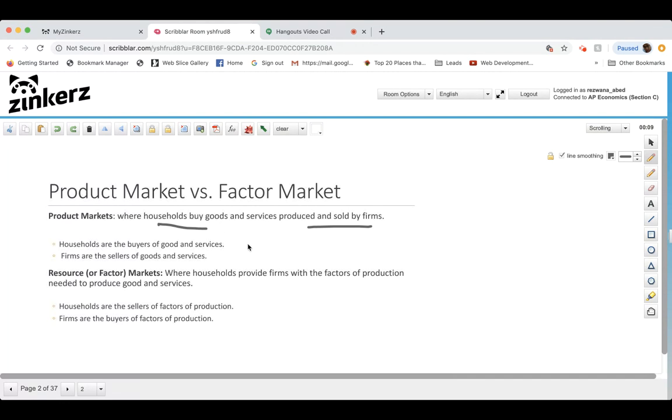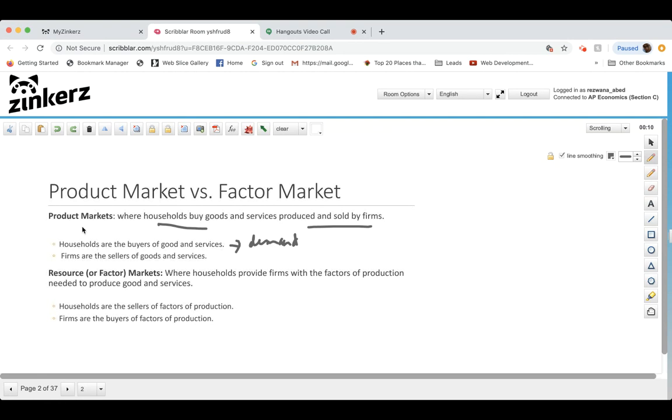Any goods or services you can imagine, like a pen, a computer, an apple, a pizza, anything that we households buy to consume. We are the consumers.